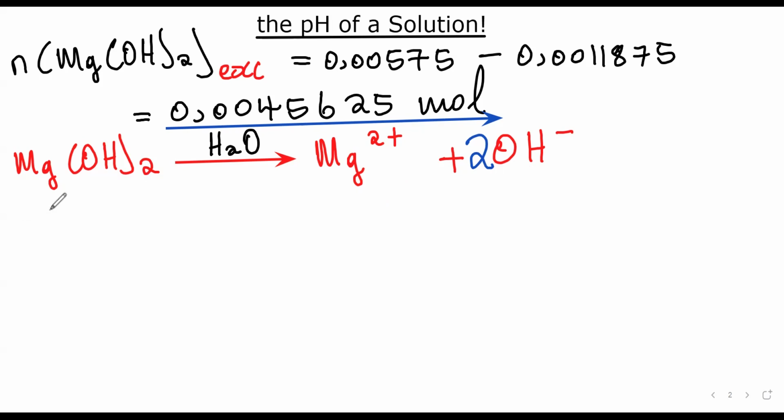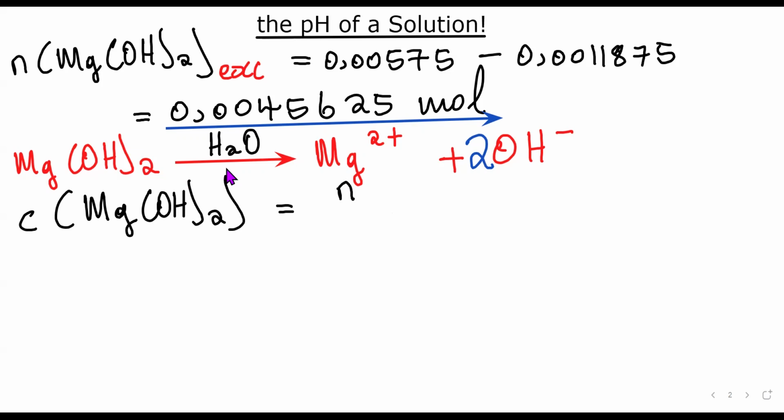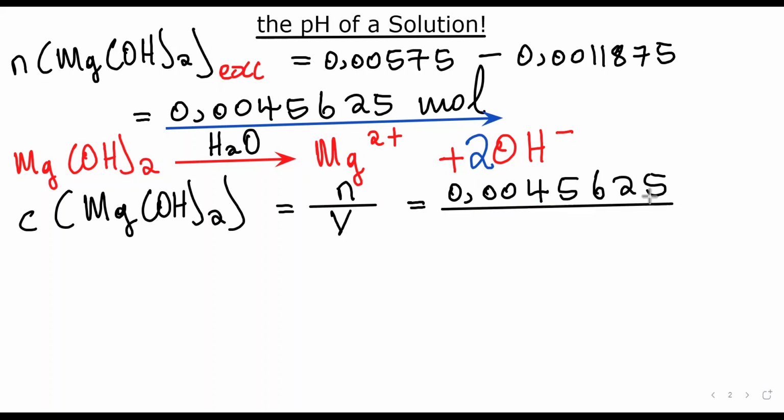So now it's time for us to find the concentration of this base. So we know that, of course, it's going to be the number of moles divided by the volume. But how many moles are there? It's those ones that are in excess. So we have 0.0045625, and we divide this by the volume.